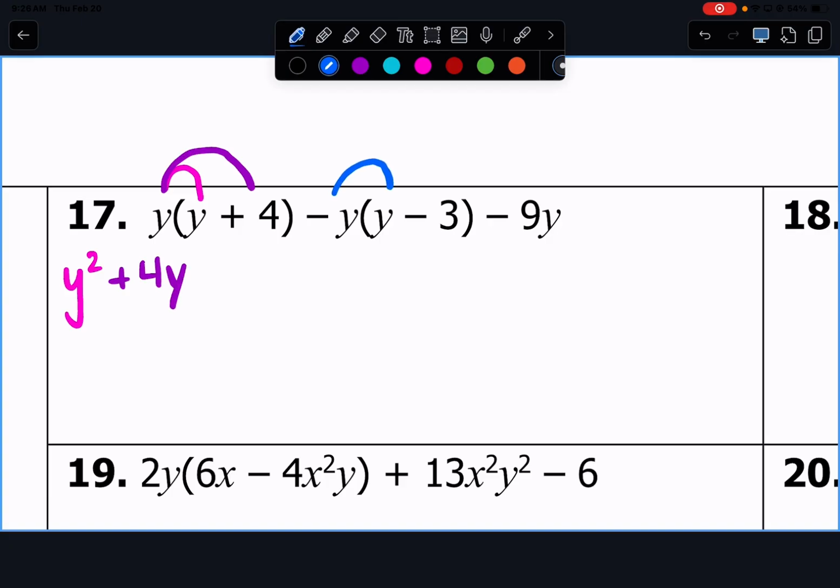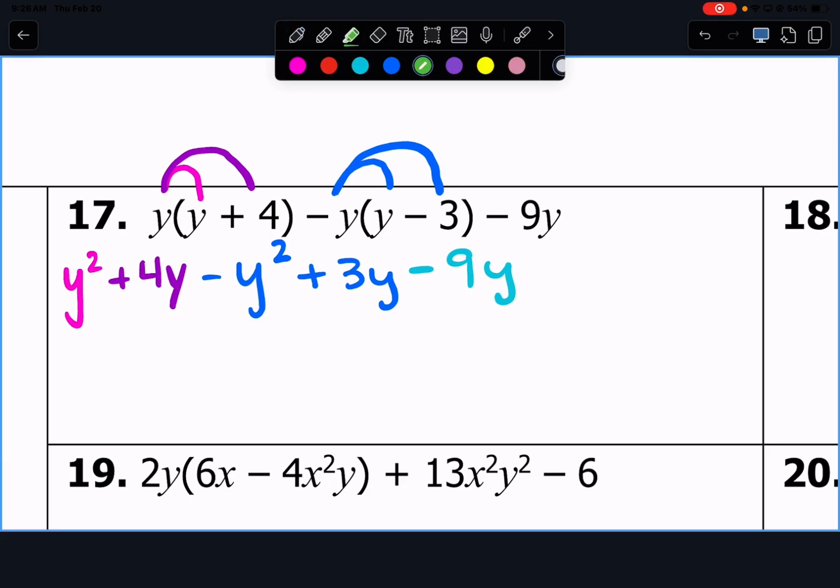Negative Y times Y is going to be, then we have negative Y times negative 3. Yeah, positive 3Y. And then, what do I need to do with that negative Y there at the end? Drop it down. Okay, now, what term needs to go first? We have Y to the second and negative Y to the second. What is Y squared minus Y squared? 0. It effectively cancels out.